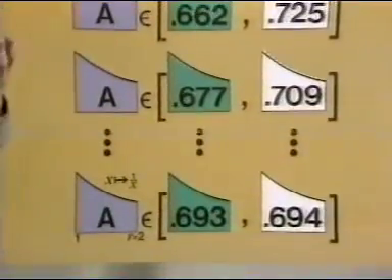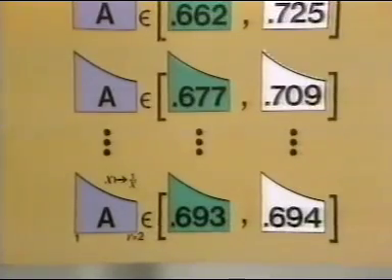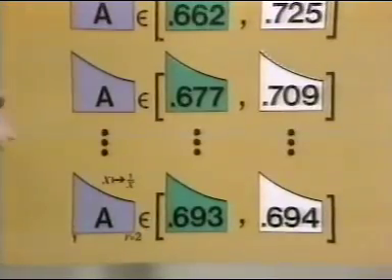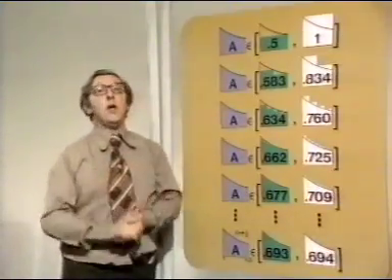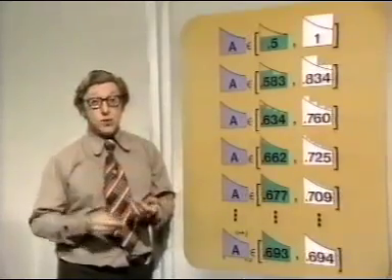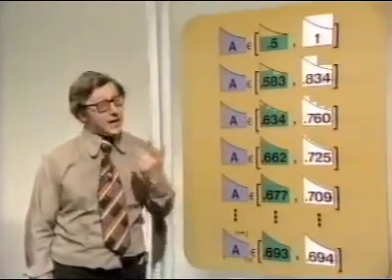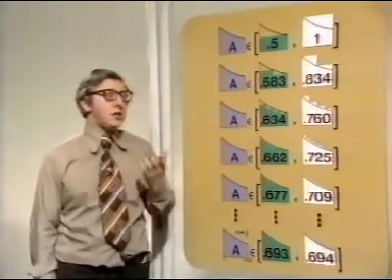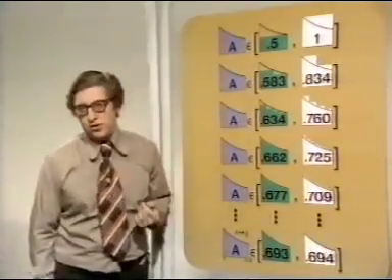Now, this idea of using a nest of intervals to get the number that you're interested in is very important, and it's come up again and again. We saw it in Block 1 when we used the bisection rule to define root 2, to calculate root 2, and in fact we saw it in Block 2 where we used it to get 2 to the root 2, I think it was.